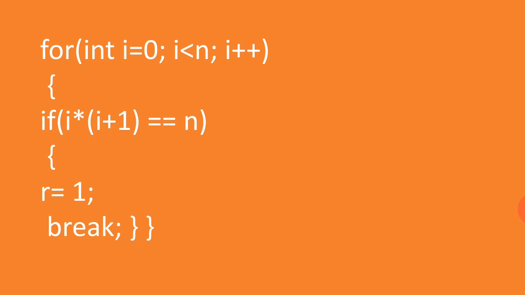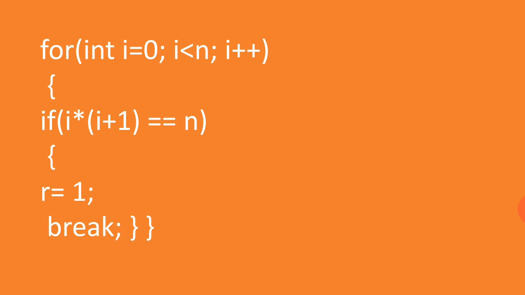Now we have got a loop here. This loop, as I told you, we have to check the consecutive numbers, so no need to go up to the number, just 0 to less than n. So int i equal to 0, i less than n, and increase i by 1, because every time I have to find a new number which is the next one, so we have to just check the product of two consecutive numbers in the loop.